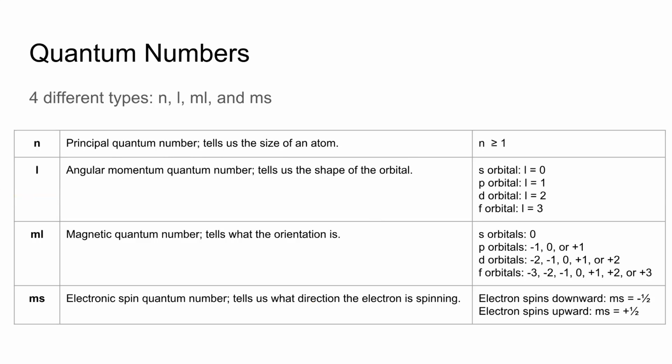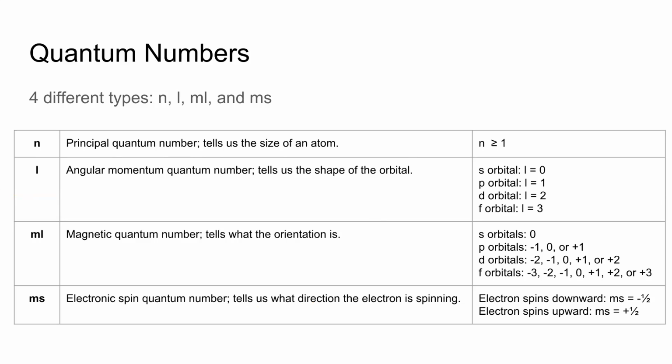For s orbitals, it can only be in one orientation, and we call that orientation 0. P orbitals can be in 3 different orientations, and we use -1, 0, or +1, depending on which subshell the electron is located in.